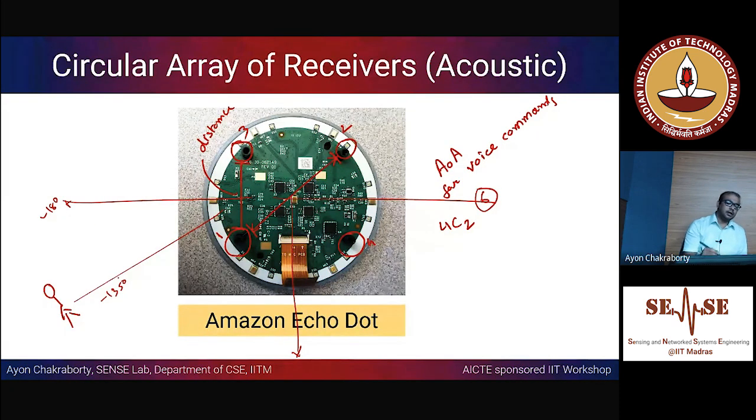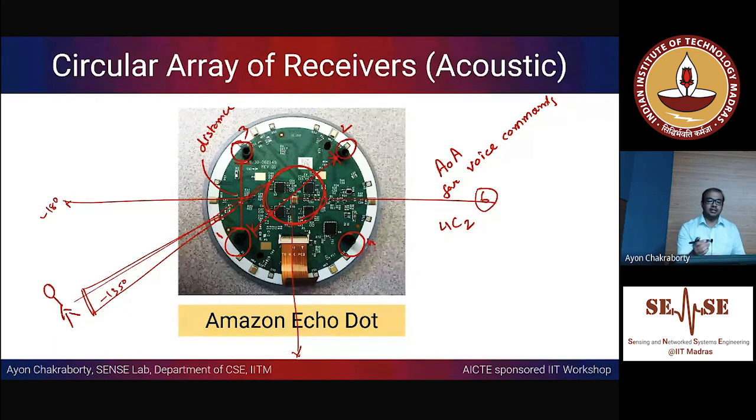So if the separation was less, maybe the entire size of this antenna aperture is like a circle like this, right? So the angle would be more smeared. Okay, so the resolution is going to be poorer. That is the trade-off that you have to keep in mind while designing such an array of receivers.